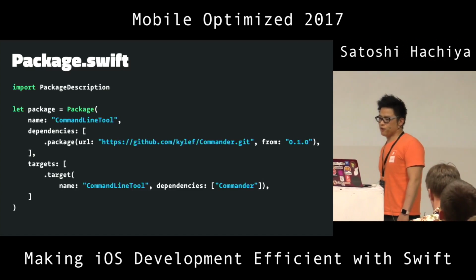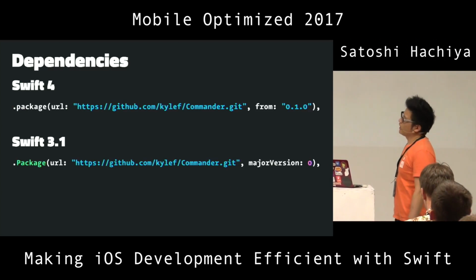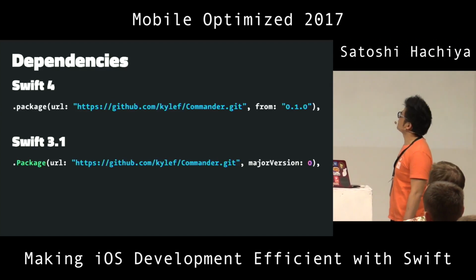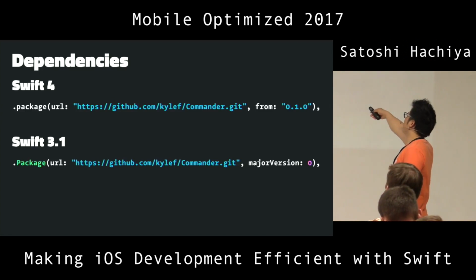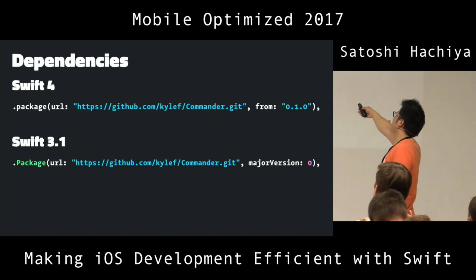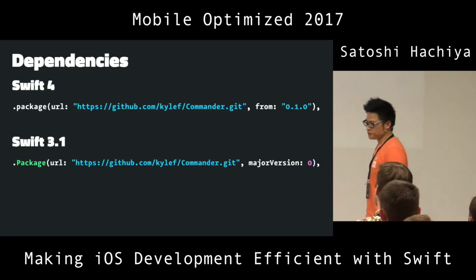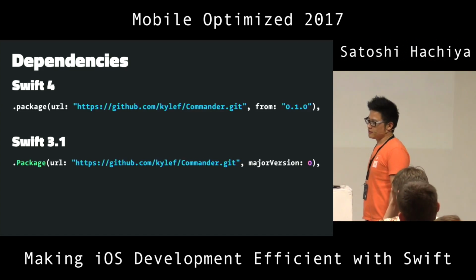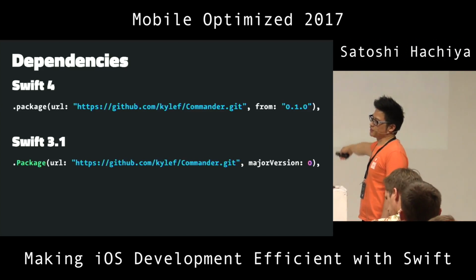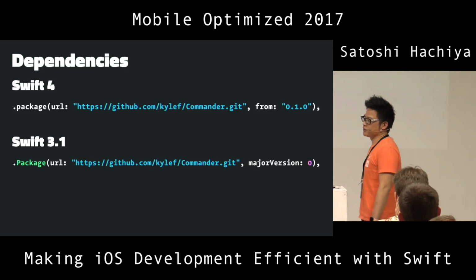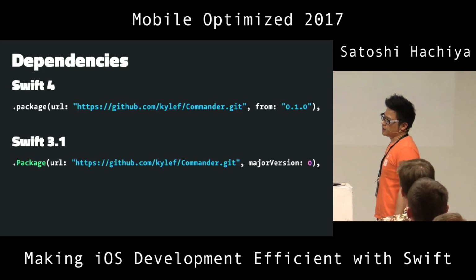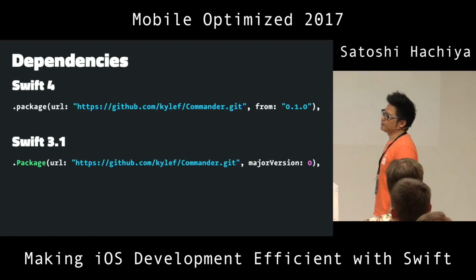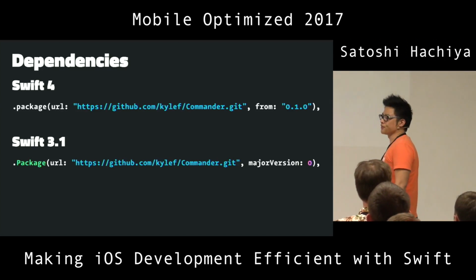The next example is adding dependencies. For example, I add Commander. Commander is useful to make command line tools, and it helps to compose a beautiful command line interface in Swift.